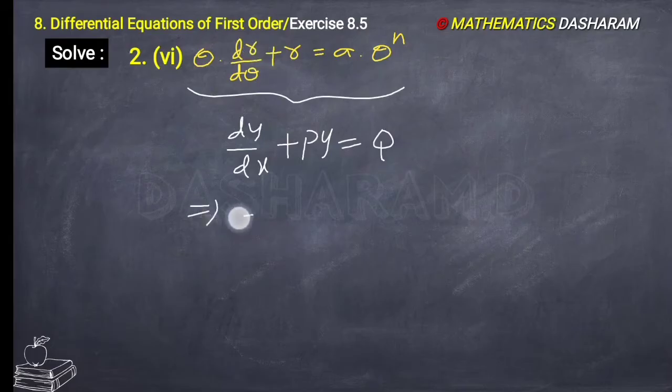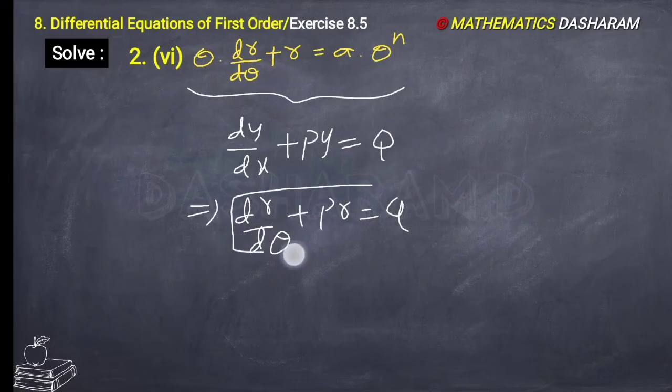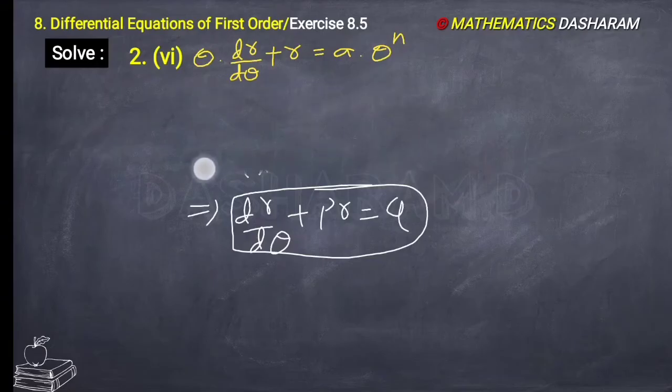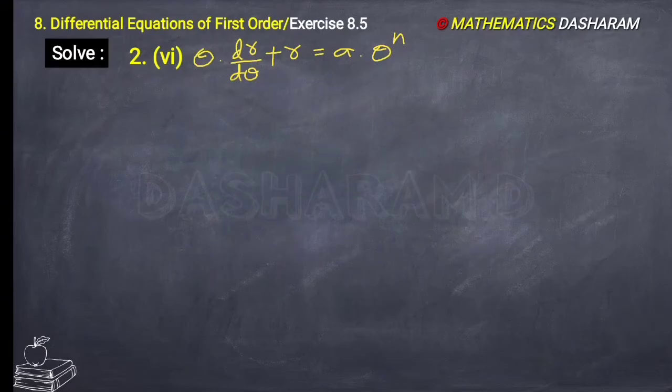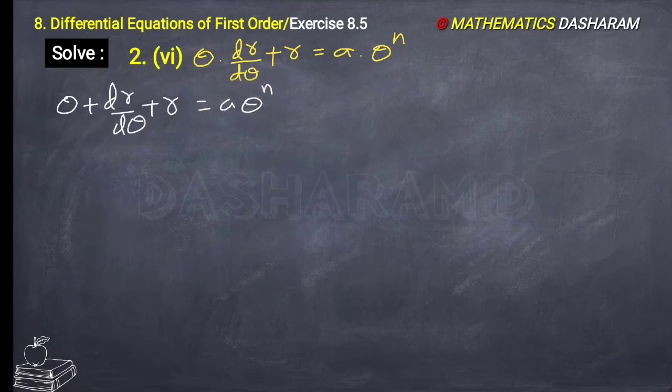So that means dr by d theta plus p into r equals to q. So this is a standard form for this particular question, dr by d theta plus p into r equals to q. So that is why in the question we divide with theta on both sides.